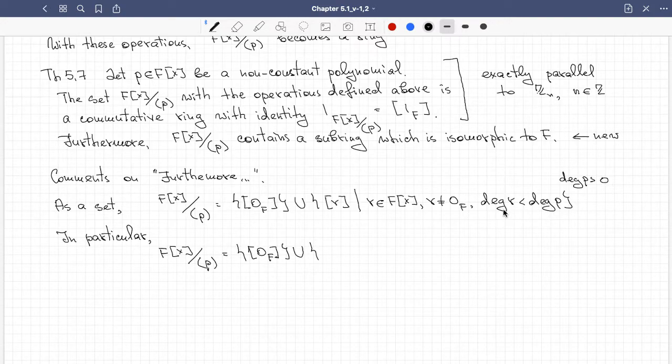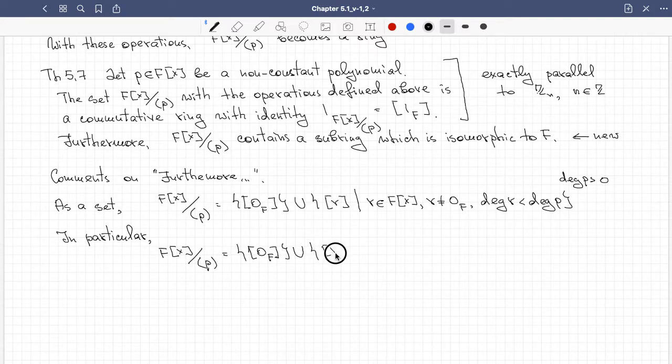Thus, all polynomials of degree 0 are here. There are possibly some polynomials of degree higher than 0 if degree p is a big positive integer. There are quite a few polynomials with smaller degrees. However, among them definitely are degree 0 polynomials.